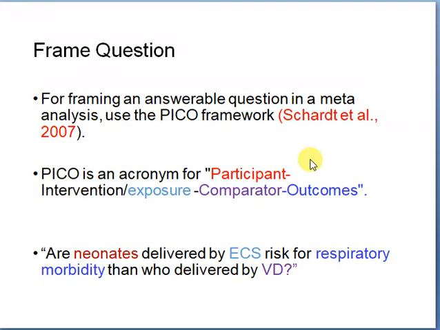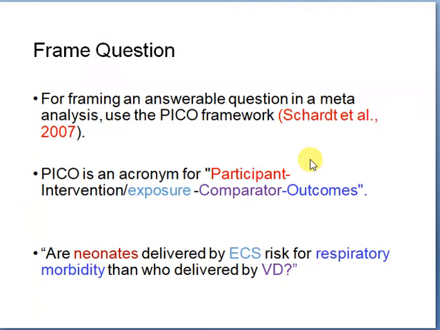For example, let me go ahead with this research question. Are neonates delivered by elective cesarean section at higher risk of respiratory morbidity than those delivered by vaginal delivery? This is our research question.